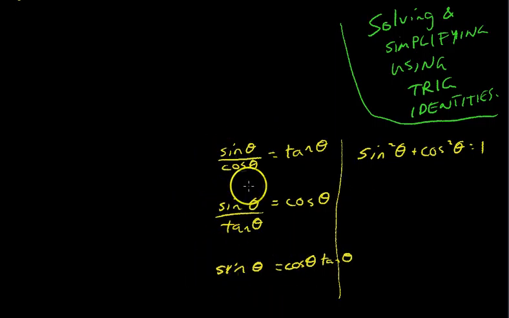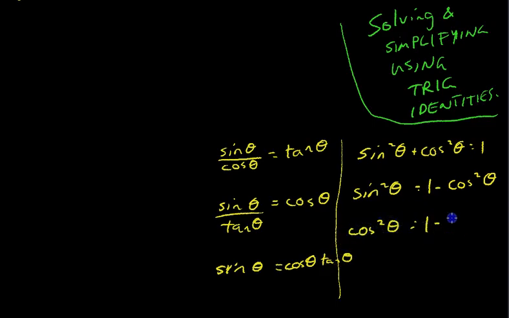You could also say that sine squared theta equals 1 minus cos squared theta. You can see I've just rearranged that by moving the cos squared theta over there. And you can also say that cos squared theta equals 1 minus sine squared theta.